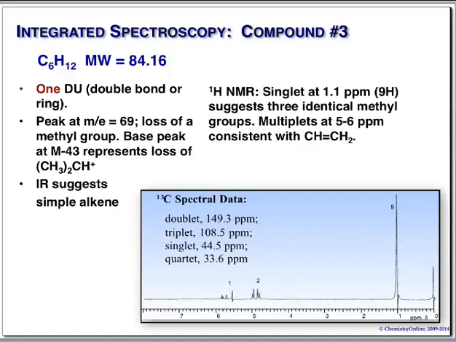All right, our C13. Let's start down here. We have a carbon that's a quartet. So that's a CH3, isn't it? Well, we already know that we have 3 CH3s.